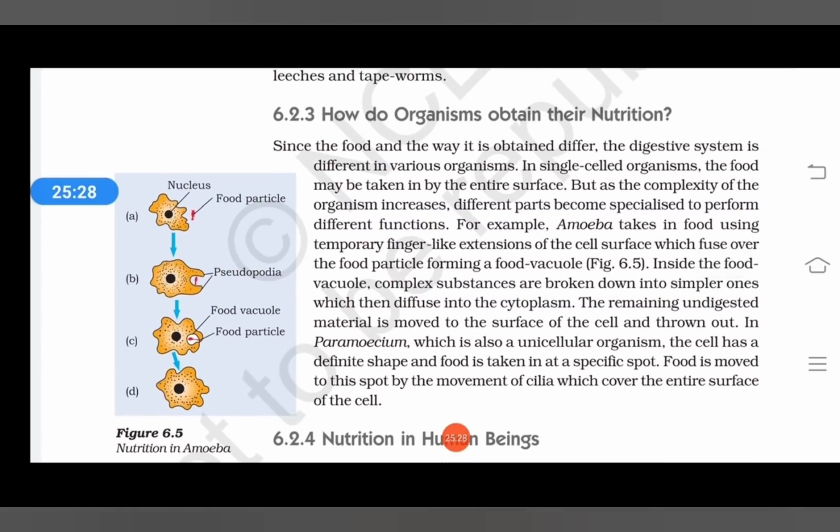As we discussed earlier, amoeba has no definite shape and it can take its food particles from any part of its body. The food particle is taken in, and the portion of the body that extends out is called pseudopodia. Inside the food vacuole, the food is digested, and the remaining undigested food is thrown out of the body.